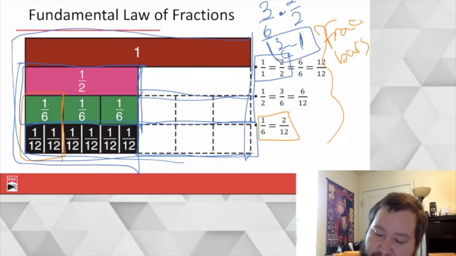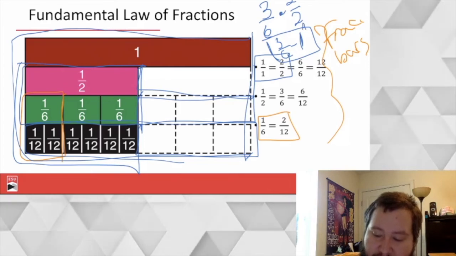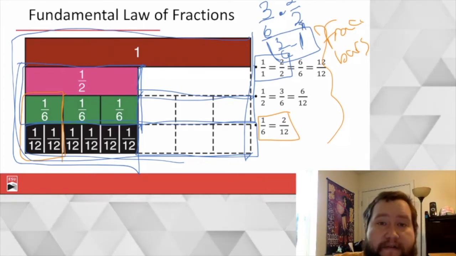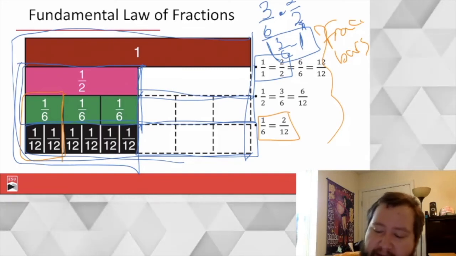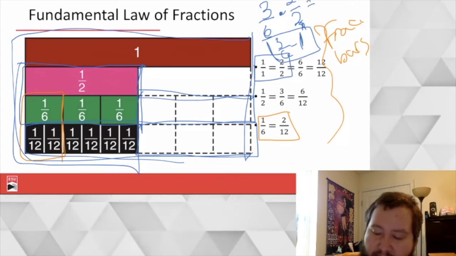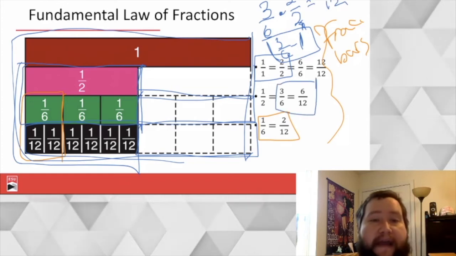So we have 3/6 times 1, which is the same as 2/2, because we drew that here. So we have 3/6 times 2/2. 2 times 3 is 6, 6 times 2 is 12. 6/12, which thankfully is precisely what we had down here.